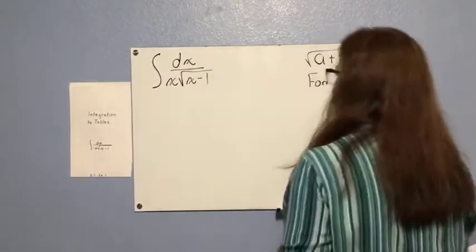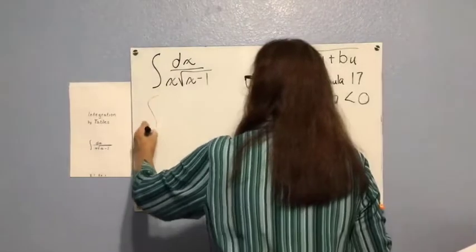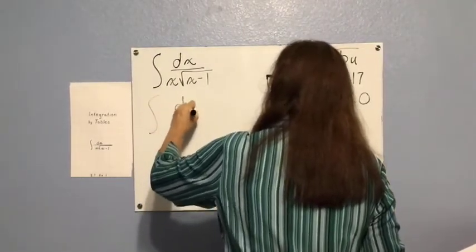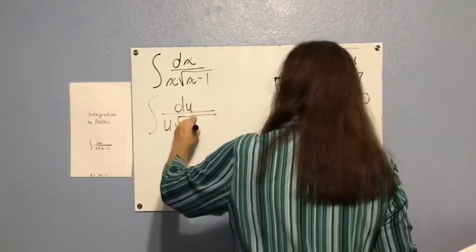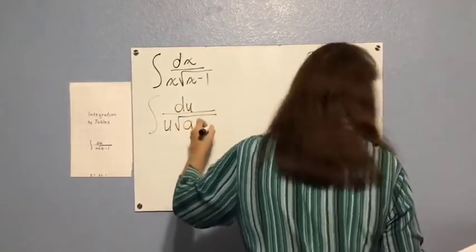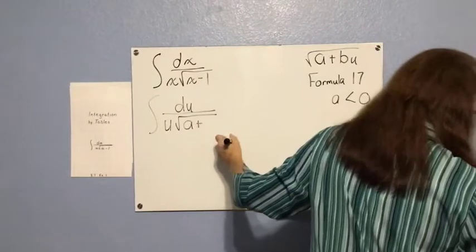Now, using formula 17, we're going to rewrite this integral as du over u times the square root of a plus bu.